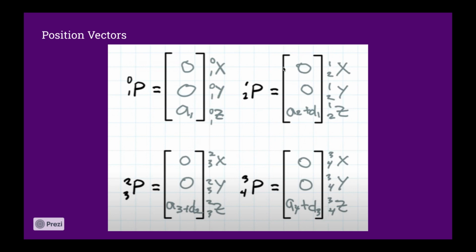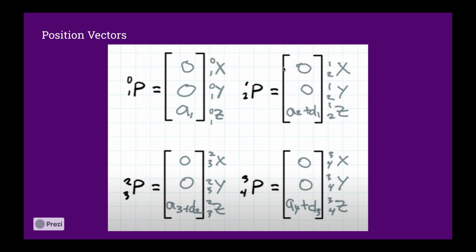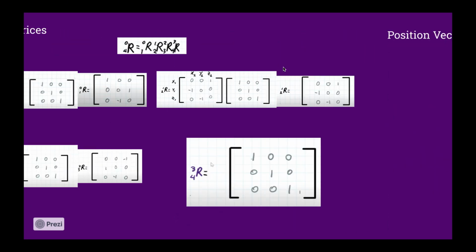Because along the x-axis there is no assigned link length, as well as the y-element, because along the y-axis there is no assigned link length. Then for the z-element, there is a link length along the z-axis, so the z-element is a sub 1. Then this applies to all the position vectors until complete.